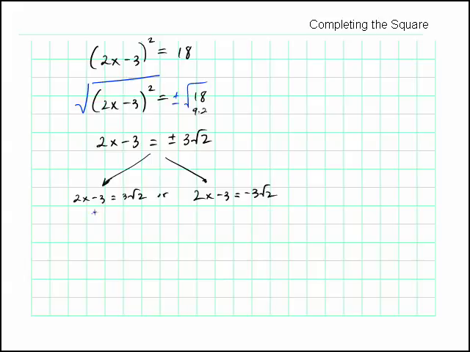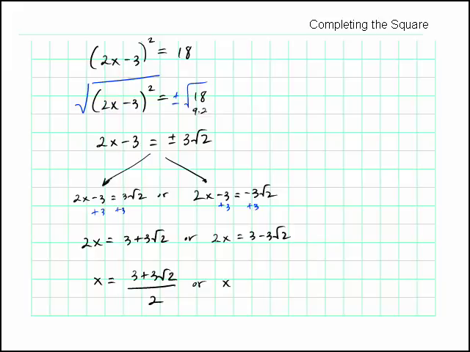If I add 3 here, I end up with 2x equals 3 plus 3 square root 2. And dividing by 2, I get one answer. There it is right there. On the right side, if I add 3, I end up with 2x equals 3 minus 3 square root 2.